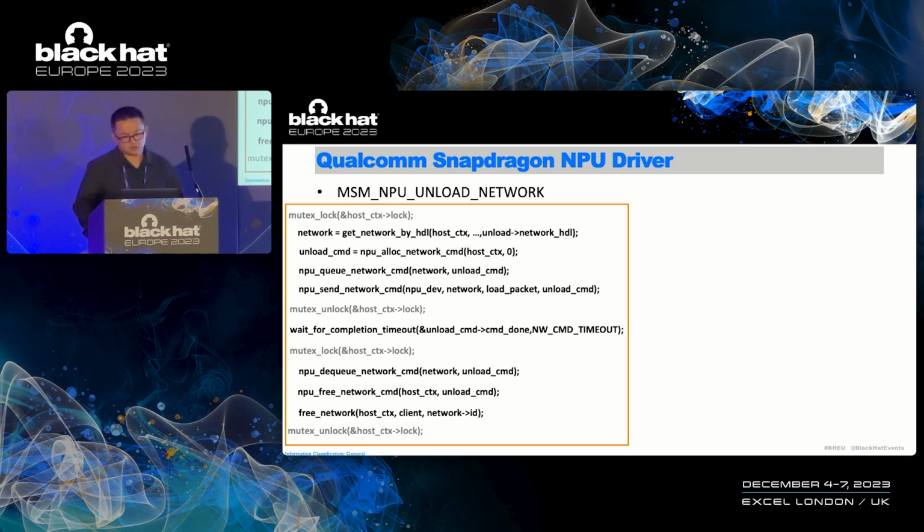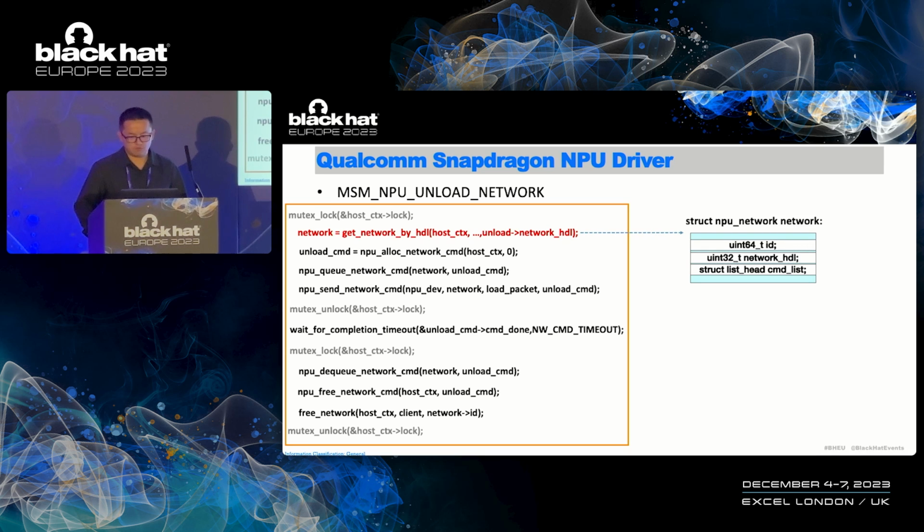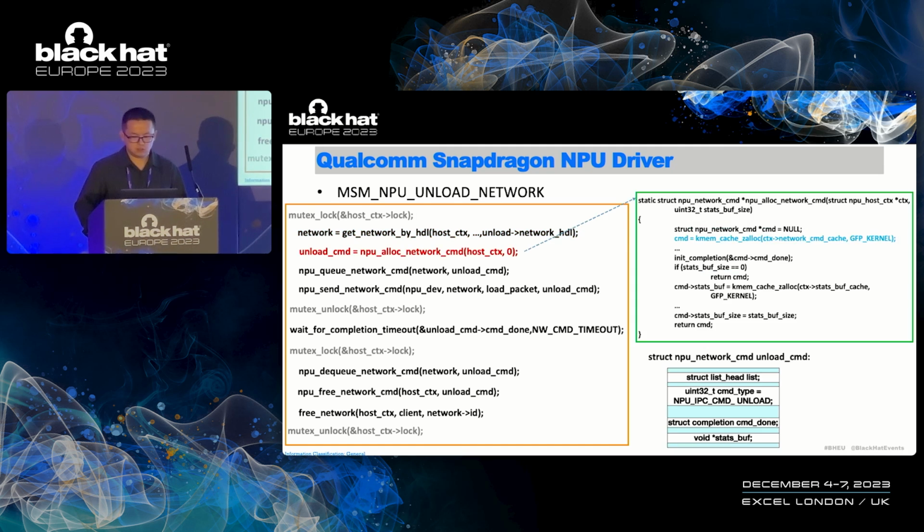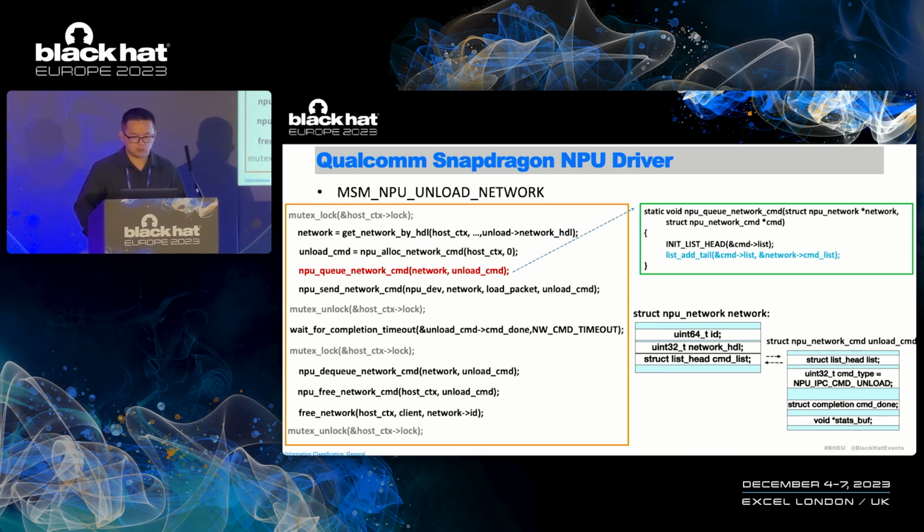Now let's have a look at how the command MPU unload network works. Actually, the workflow of it is almost the same as the command MPU load network v2. First, it will find the MPU network object indexed by the network handle passed from user space. And then an MPU network command object called unload command is allocated. This unload command object is also queued into the command list of the current MPU network object.